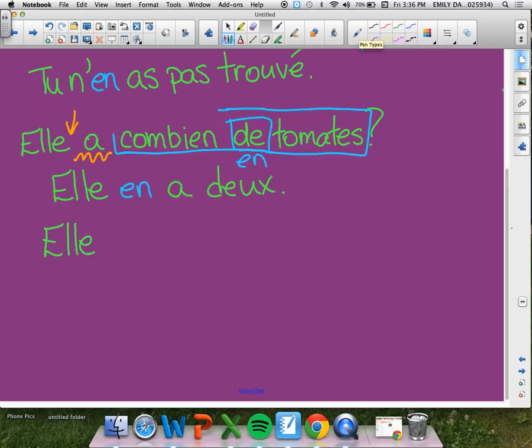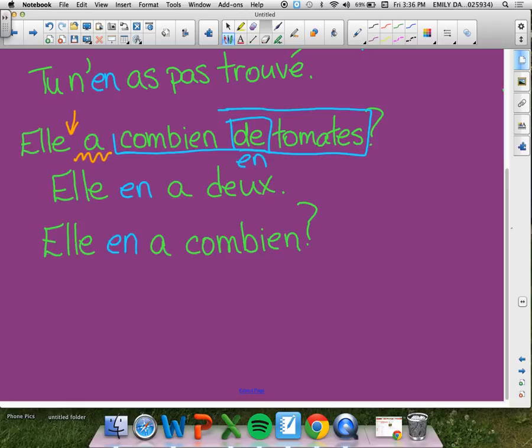And still have my verb in the same spot, still going to put my pronoun in the same spot, but I would not replace my expression of quantity. So, elle en a combien? The de is still going to go. You will never leave the de when you're using the pronoun en. Okay? Elle en a combien? How many of them does she have? You could use the same answer. Elle en a 2. She has 2 of them.